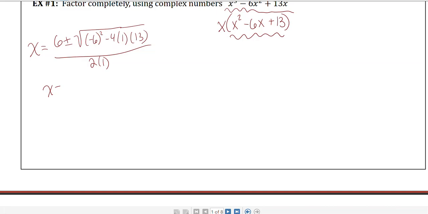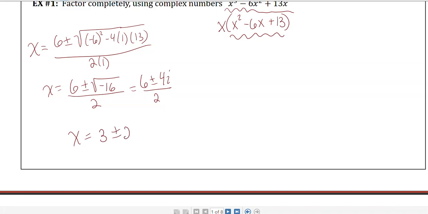And I'm going to reduce that down, and we're going to get 6 plus or minus the square root of -16 over 2. And remember that the square root of -16 is going to become 4i. And then I'm going to reduce that down just a little bit more and get x equals 3 plus or minus 2i.